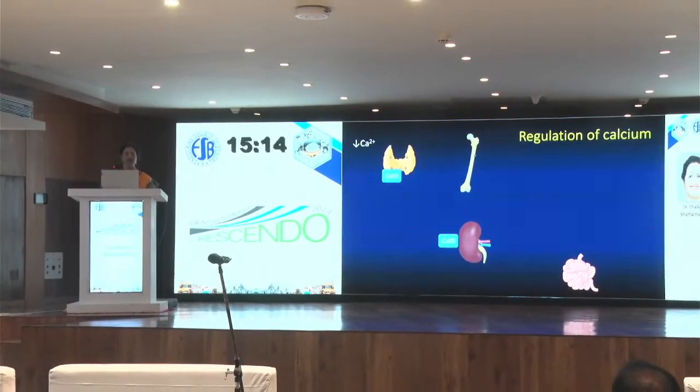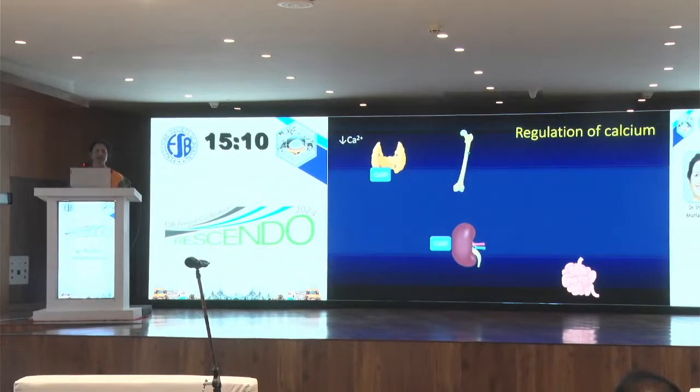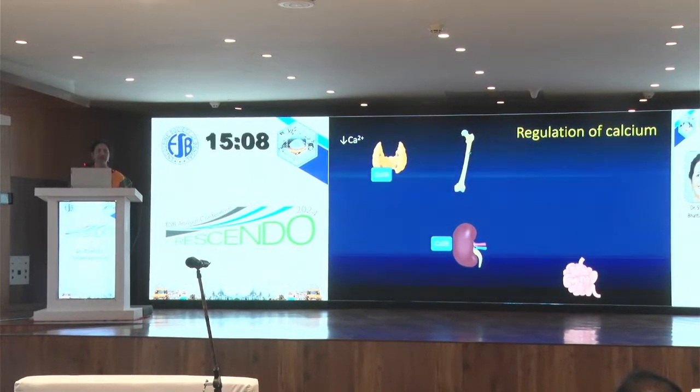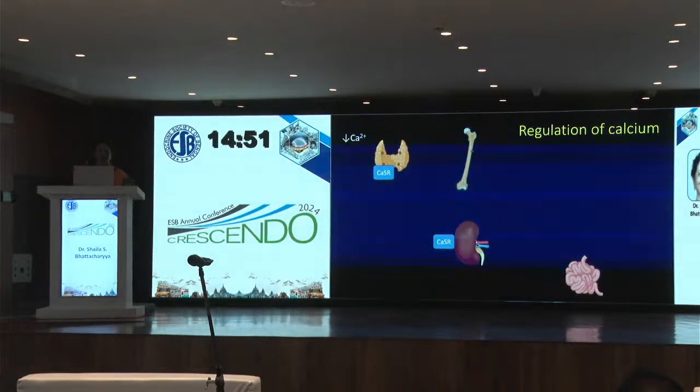And it is also kept in normal status with the help of PTH, vitamin D, and also phosphorus. So whenever you have low calcium, that is hypocalcemia, I have written the two calcium sensing receptor gene which are present in the parathyroid and also in the kidney.